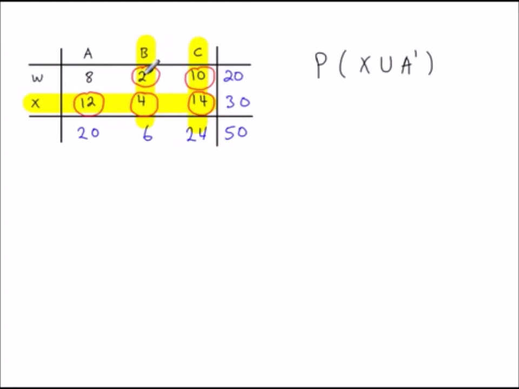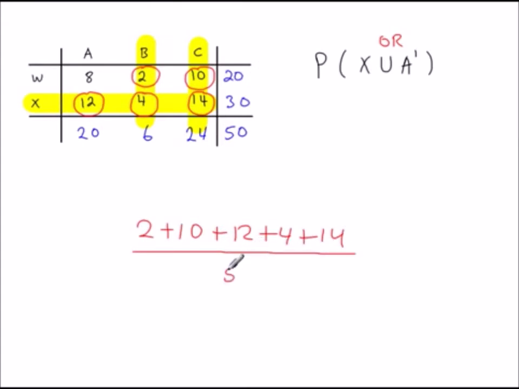So for example, that 2, it's in either event X or it's in event A dash. Yeah, so that's all. So 2 plus 10 plus 12 plus 4 plus 14 out of the table total 50.